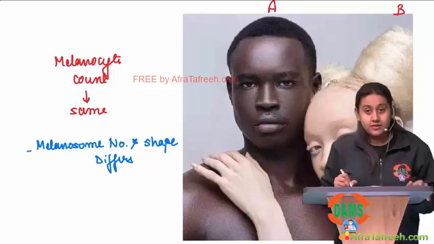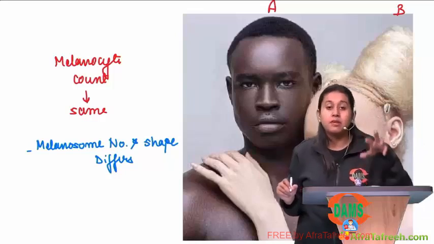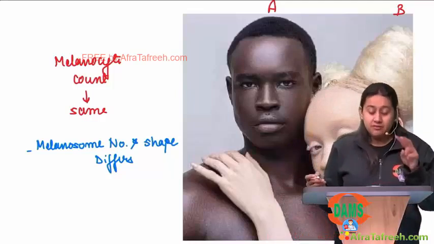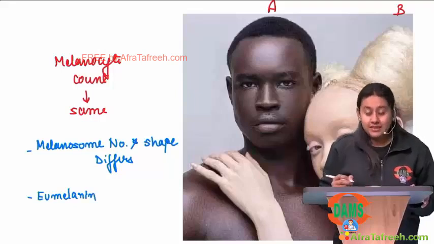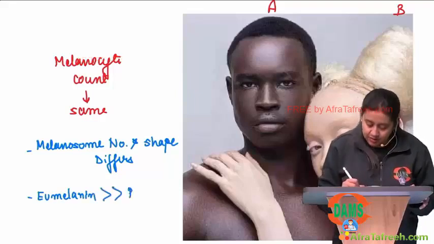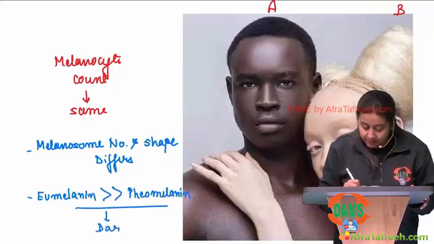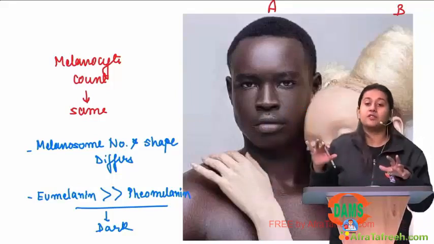One point is this. Second is the type of pigment. When I teach you about pigmentary disorders, I will tell you about the two different types of melanin. We have pheomelanin and eumelanin. If eumelanin is more than pheomelanin, the color of the patient will be dark. And if pheomelanin is more compared to eumelanin, the color of the patient will be light.